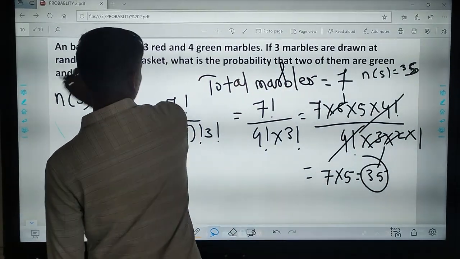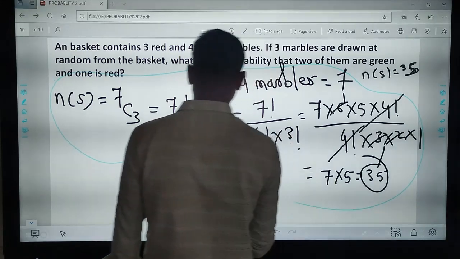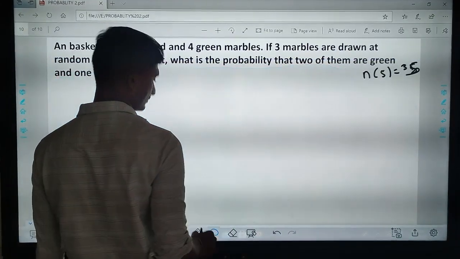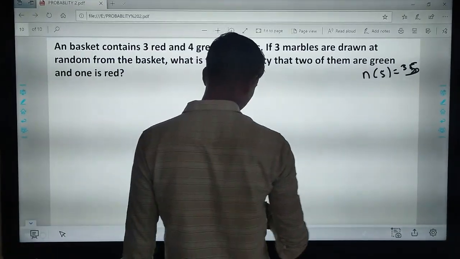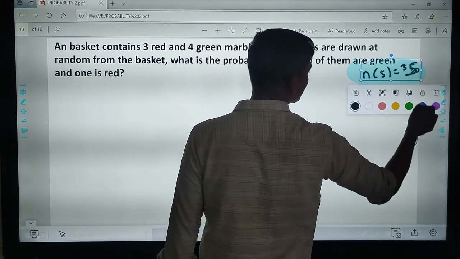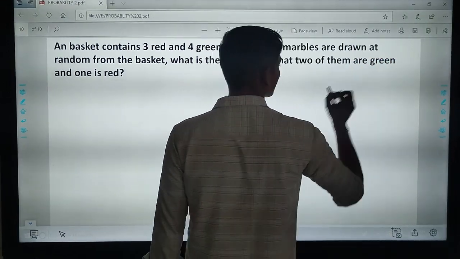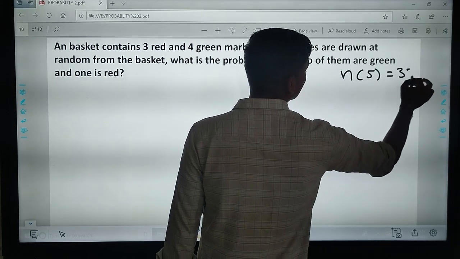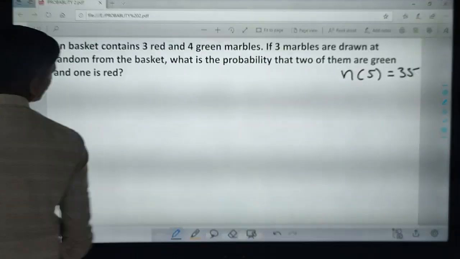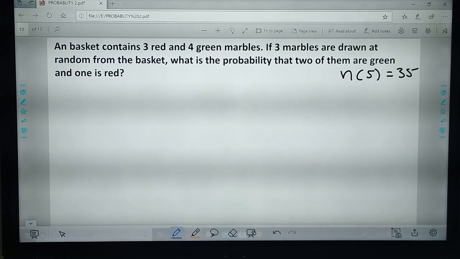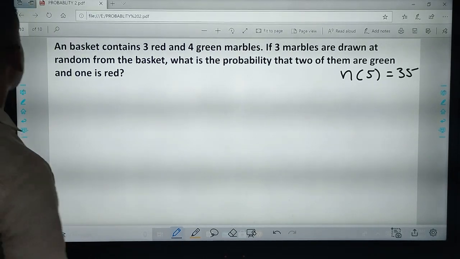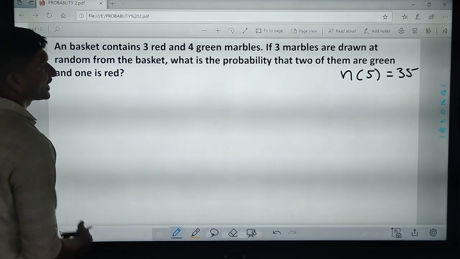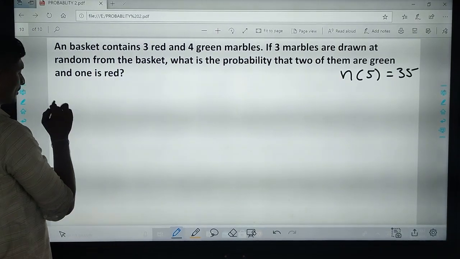Now we find N of A. Here N of S is equal to 35. Now here your event is 2 of them are green and 1 is red. 2 of them are green.